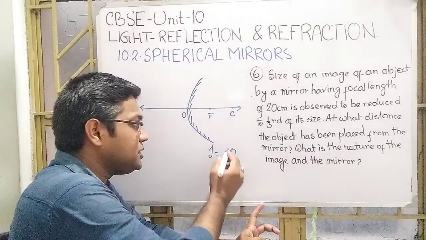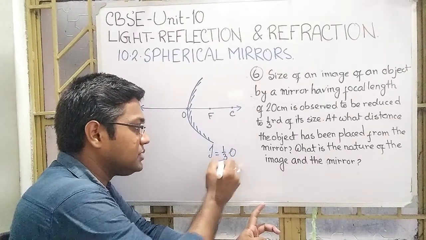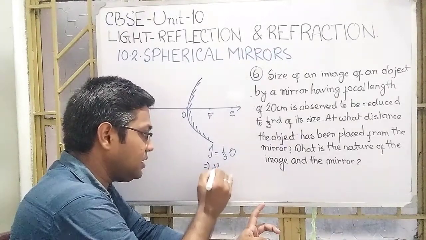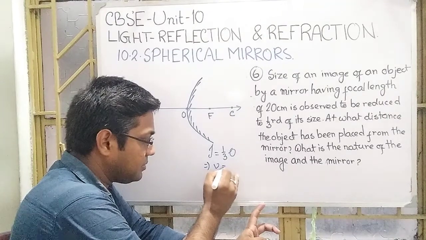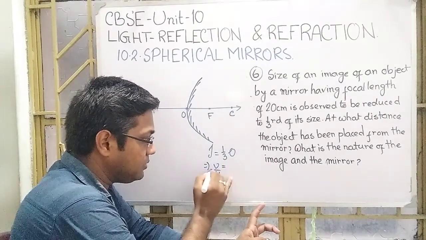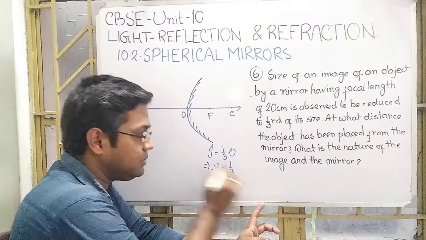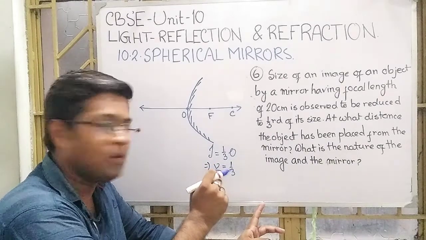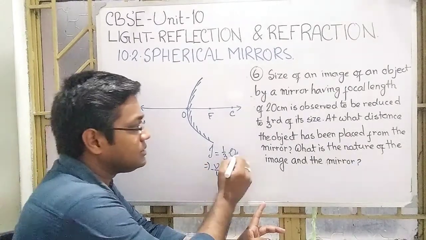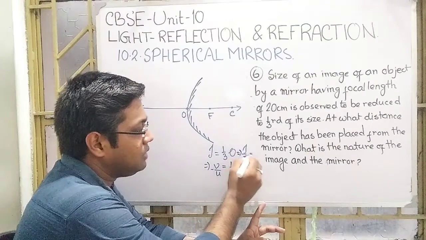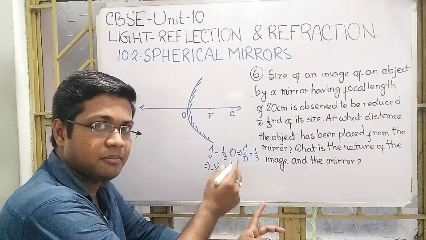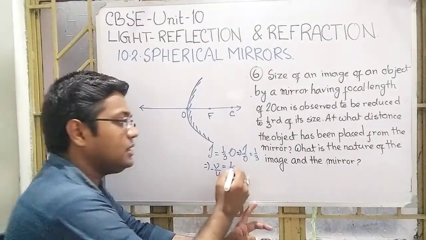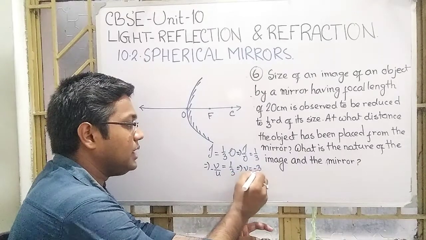So if I is positive, O is also taken as positive, then I by O equals 1/3. Magnification M equals I by O equals minus V by U, so it is equal to 1/3. So from here V equals minus U by 3.